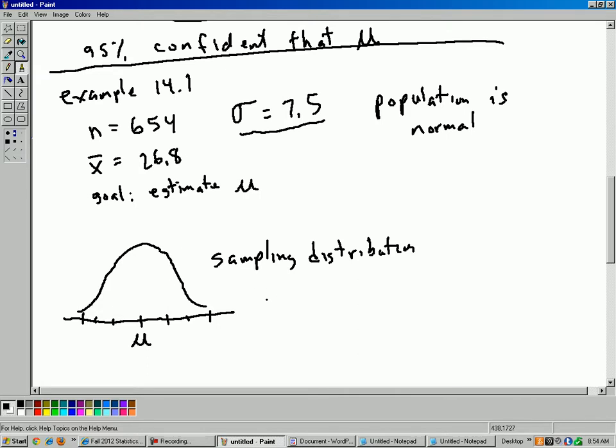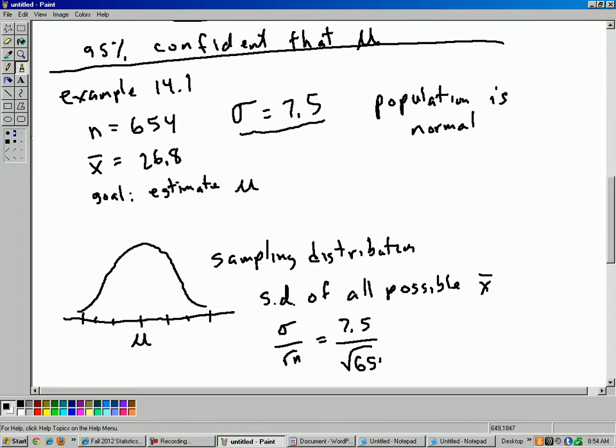So let's go ahead and calculate that right now. So the standard deviation of all possible x bars is equal to sigma over square root of n, and we know these numbers. So sigma is 7.5. n is 654, so square root of 654.